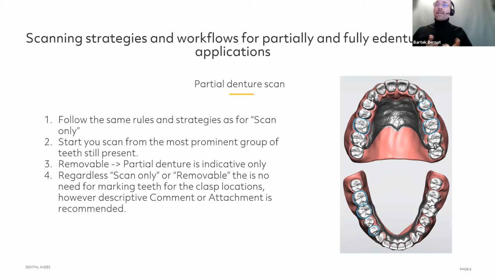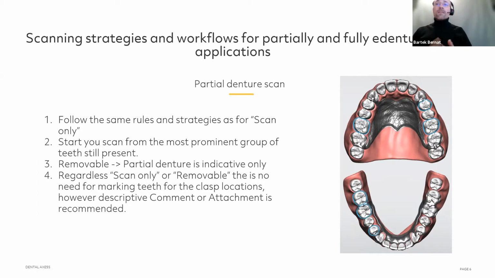So basically, there is an indication of the removables that is called partial denture, but it's really indicative only. So even if you see on the screen that there are some palatal parts, some metal parts, some clasps, those are not choices that you are making at this point.